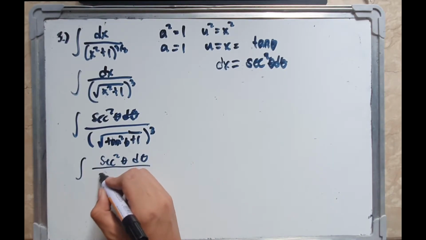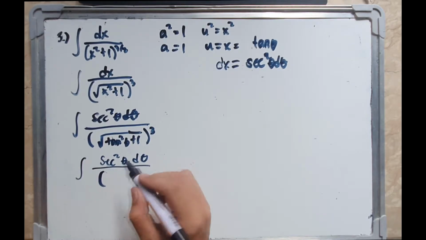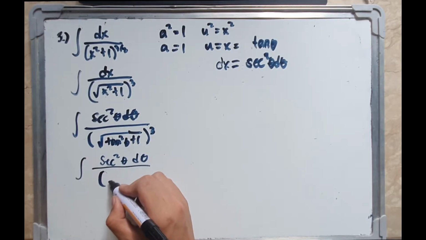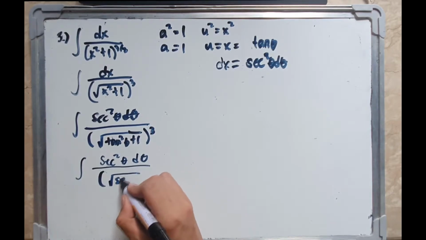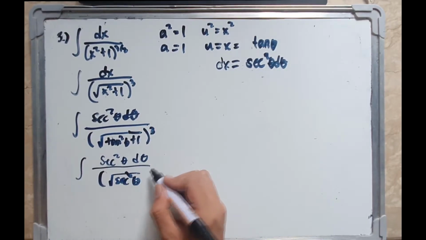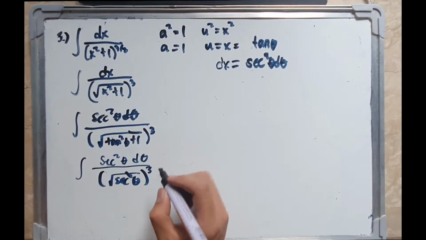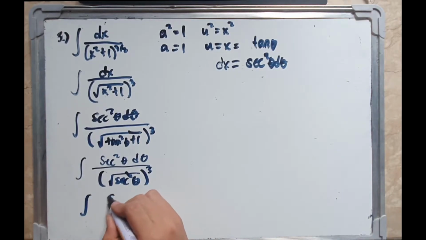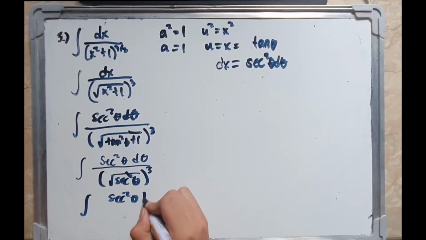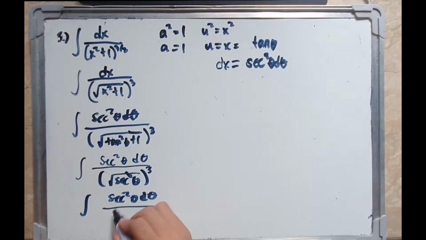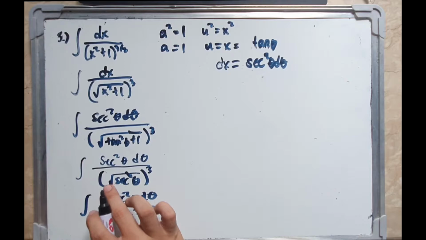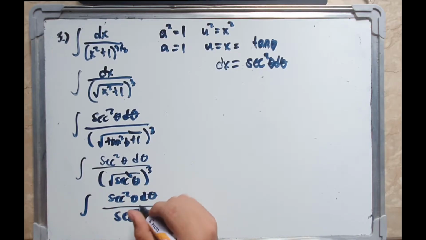So we have the square root of secant squared theta, the root cancels, raised to 3. We now have secant squared theta d theta over secant cubed theta, since this is already secant raised to 3.